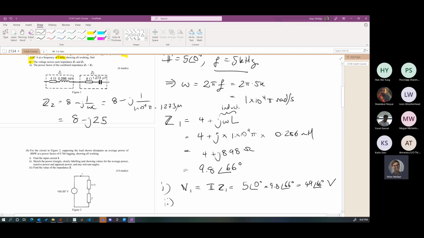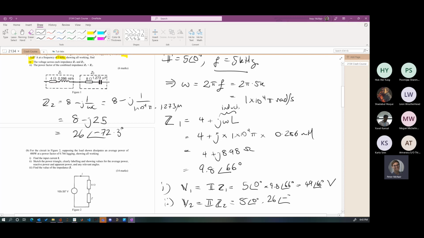Feel free to also post in the chat if it's going too fast or too slowly. So we've got our Z2, so then V2 is equal to I times Z2, which is equal to 5 angle 0 degrees times, let's convert this to polar form, so 8 minus 25j is 26 angle minus 72.3 degrees.